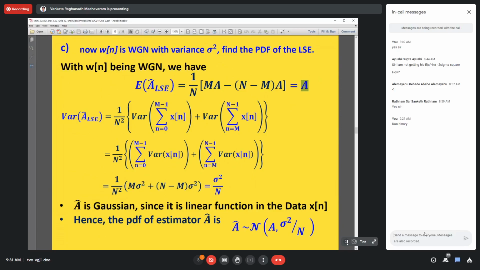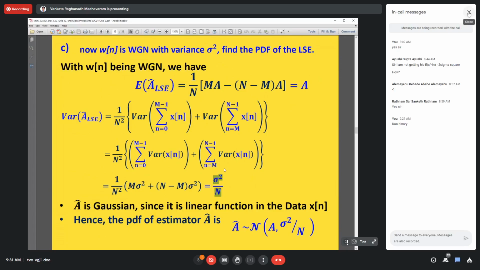That means you replace xn with A plus Wn. So find out this one. It is sigma squared by n. Same as your sample averager. There is nothing different; the only thing is you are partitioning that length n into two parts, 0 to m and m to n.